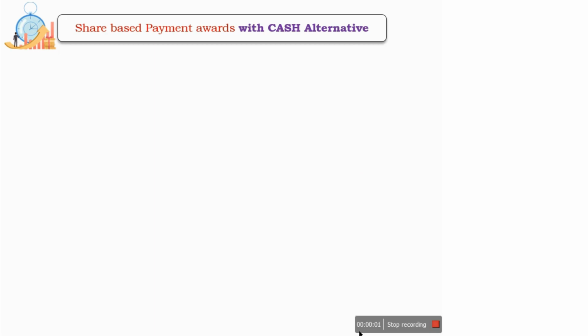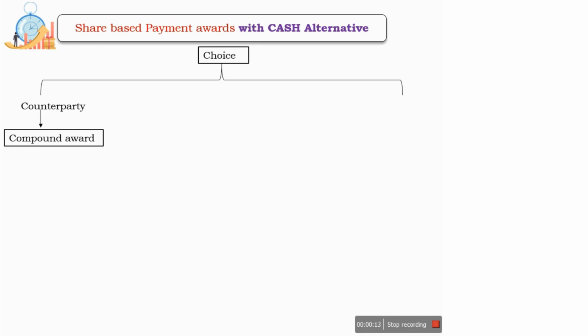Next topic is share-based payment awards with cash alternative. In this case, accounting depends on whether the choice is with the counterparty or with the entity. If it is with the counterparty, then it is to be treated as a compound award and needs to be split into a debt component and an equity component.